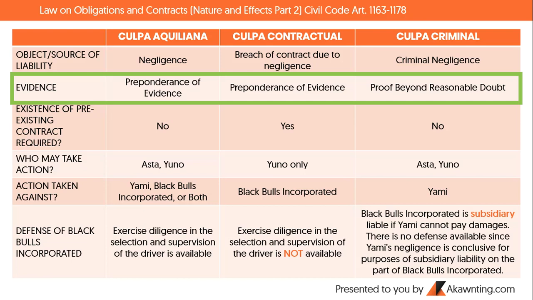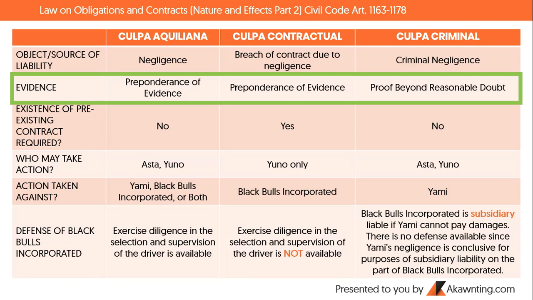So, compared to preponderance of evidence, proof beyond reasonable doubt, kumbaga tumitingin siya sa quality ng evidence that will really point out that the person is guilty of what action yung ginawa niya or anong crime ba yung ginawa niya.